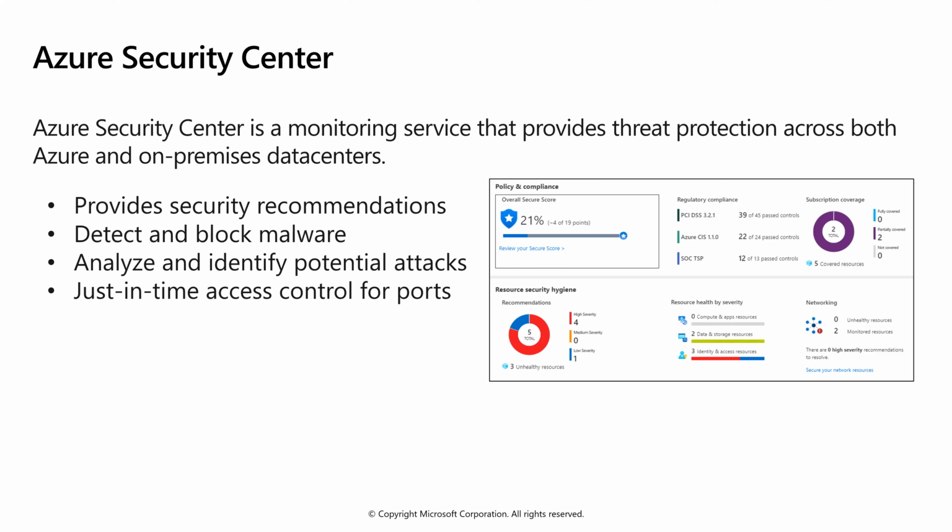Security Center provides security recommendations. As you can see from here, there is a recommendation. It has a total of 5, high severity 4. So meaning, maybe there's a suggestion that your 4 servers are not patched to the latest.